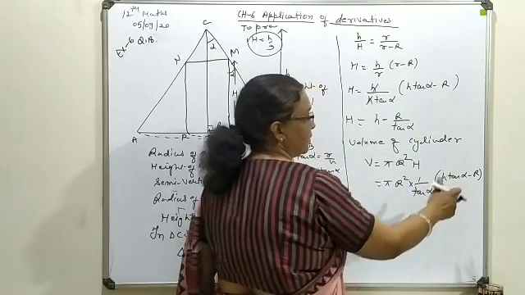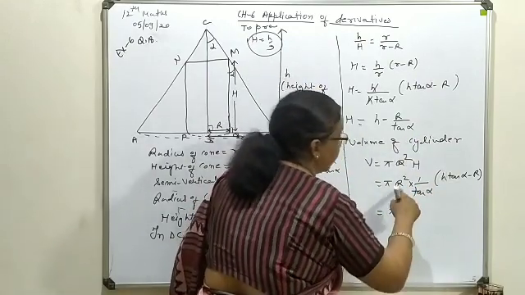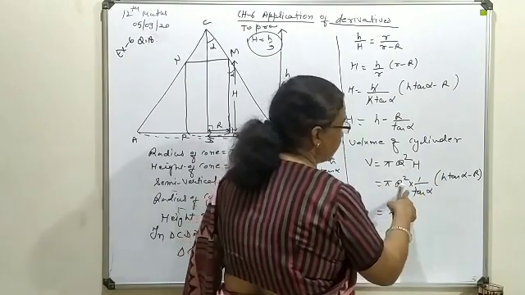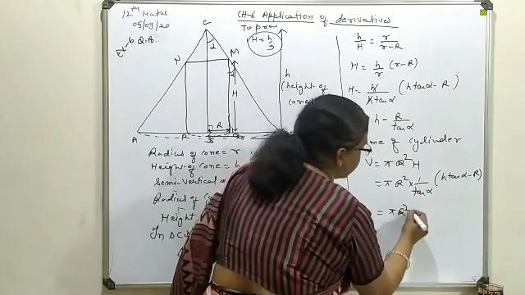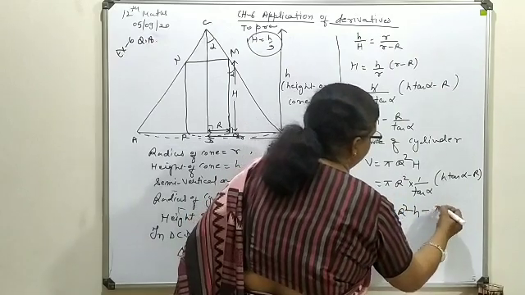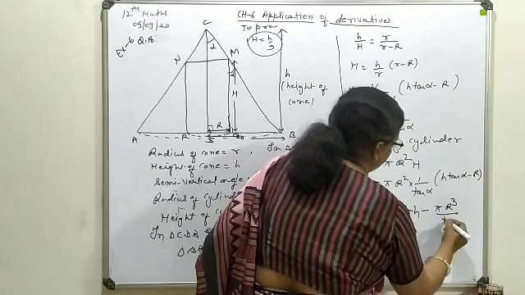H is fixed as the height of the cone, so this will be considered as a function in terms of r. This r square upon tan alpha we will multiply inside the bracket. So finally this will give you pi r square H minus pi r cube upon tan of alpha.